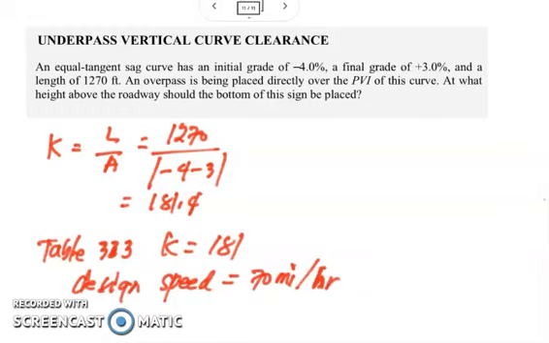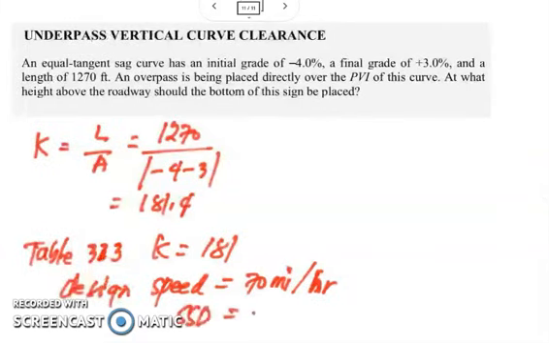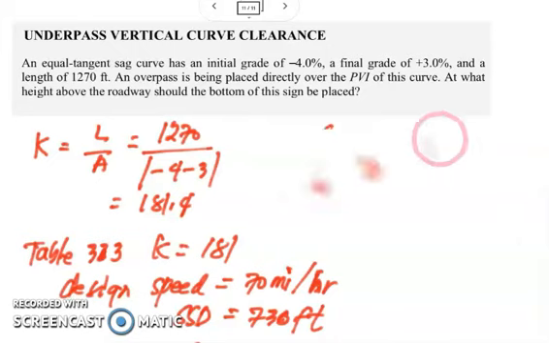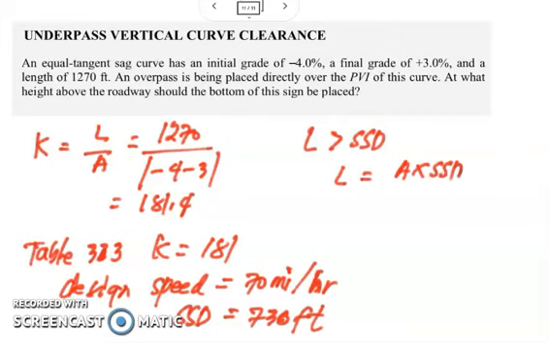The stopping sight distance is equivalent to 730 feet. Since our L is greater than SSD, the equation is L is equal to A times SSD squared all over 800 times (H_C minus 5).